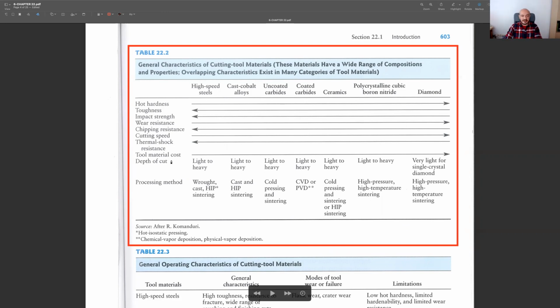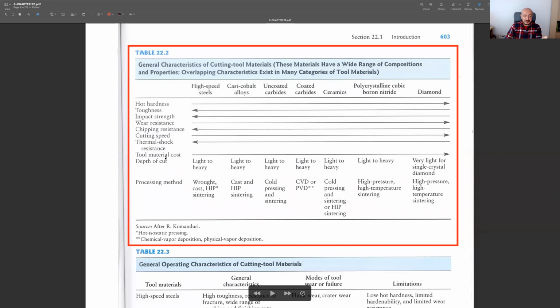But for the other materials, the depth of cut is not as limited as diamond. It may be light to heavy, as you see. For all these, we have a depth of cut range noted as light to heavy, which means that you may remove, let's say, 100 microns to some millimeters. It's all possible with the other types of cutting tool materials.